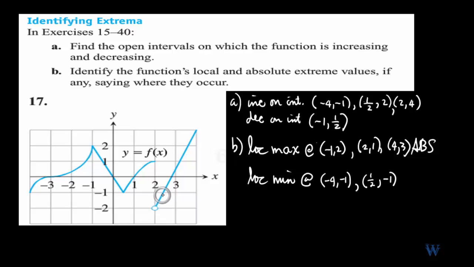These are the y values below -1. The problem is because you have an open hole here, that means the function is not defined at x equal to -2. But it's just getting closer and closer, like a right-handed limit that approaches -2. So you don't have an absolute minimum. Because we don't have a continuous function on a closed interval, there's no guarantee that we'll get an absolute extreme value.